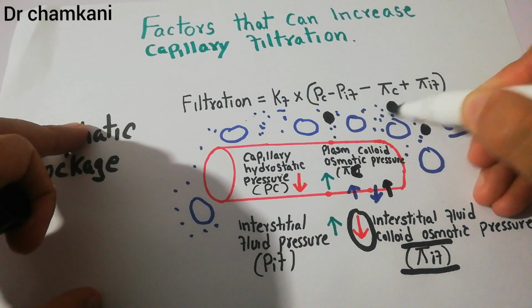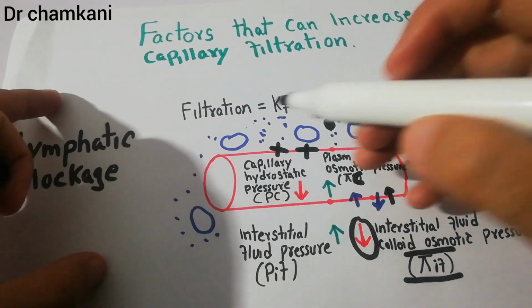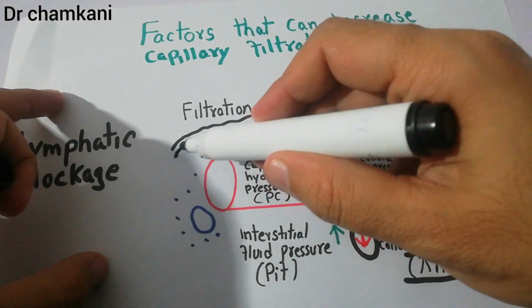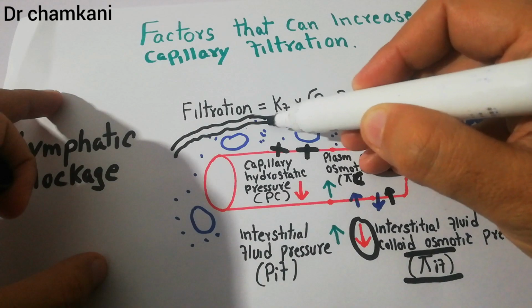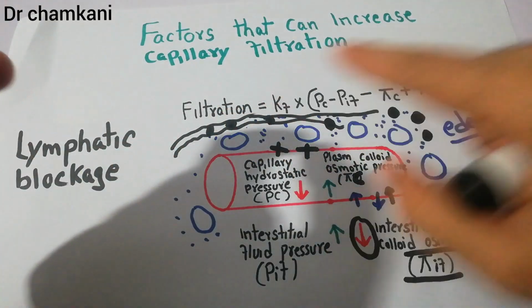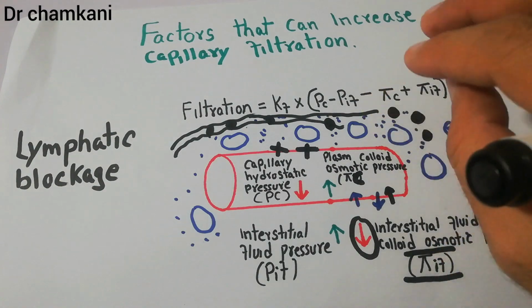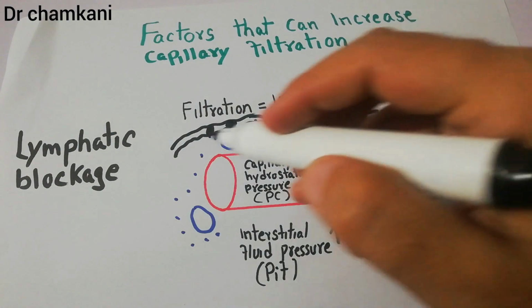They are large, so they cannot enter the capillary. So the lymphatic vessels are responsible for transporting these large particles of proteins and fats. These large molecules are in a specific number in the interstitium, and normally they are taken away with the help of these lymphatic vessels.